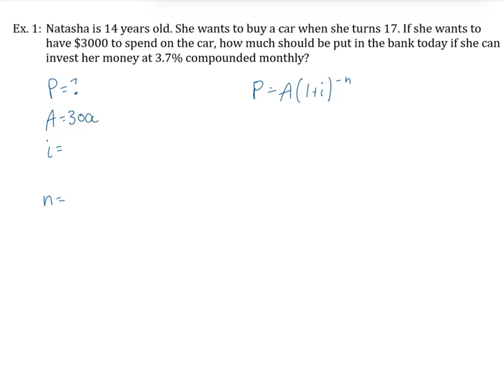The final amount is that $3,000 that she wants. The rate is 3.7%, compounded monthly. And 14 years to 17 years is 3 years, times the compounds per year, which is monthly, so 12. That's 36 compounds.